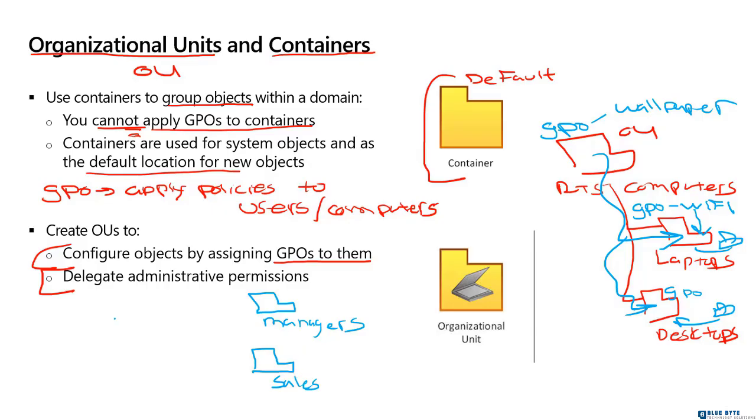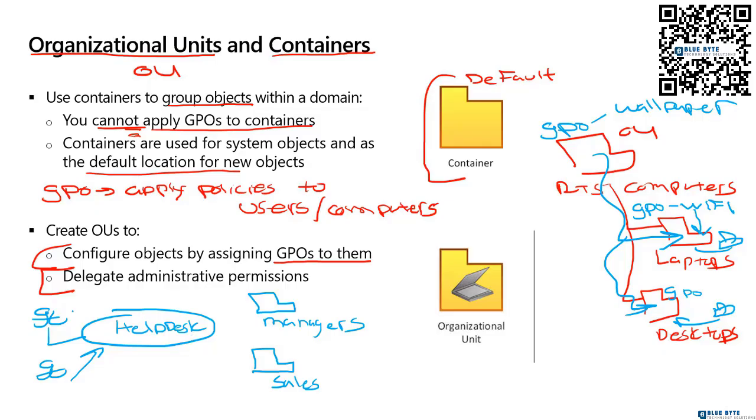Well, what if I have a group named Help Desk? We talked about groups a moment ago. They simplify assigning permissions. But let's say in my group, we have all the users that work on the Help Desk as a member of this group. We've decided this initial tier of the Help Desk should not be able to reset passwords for managers, but they should be able to reset passwords for sales users.